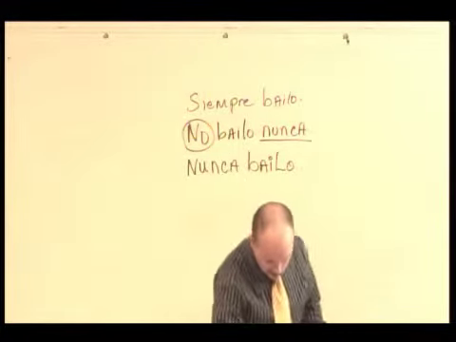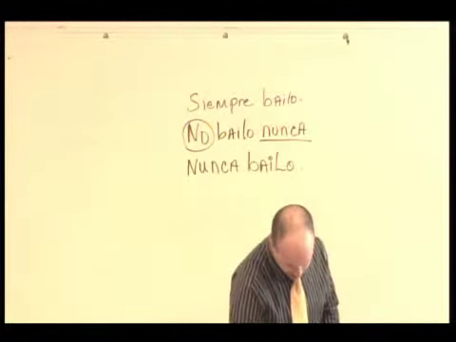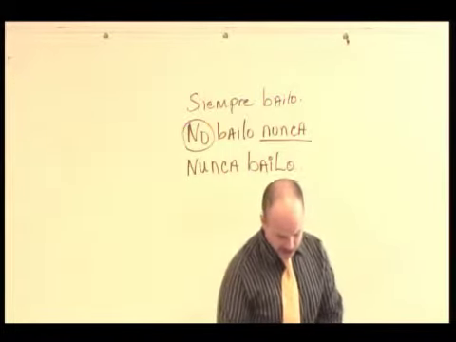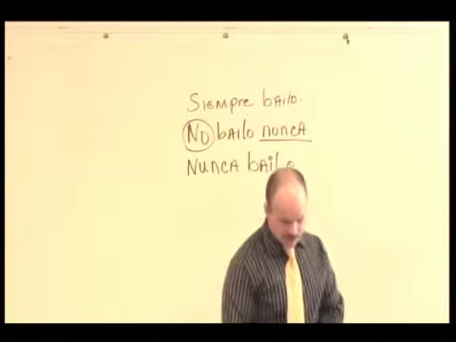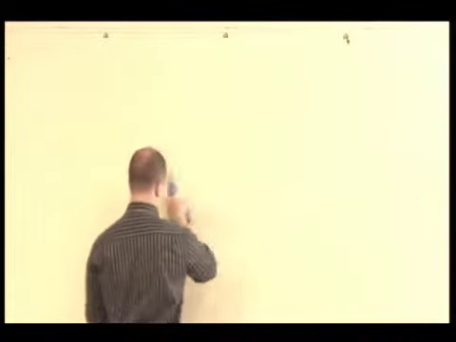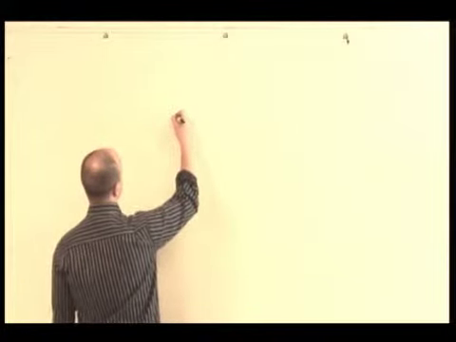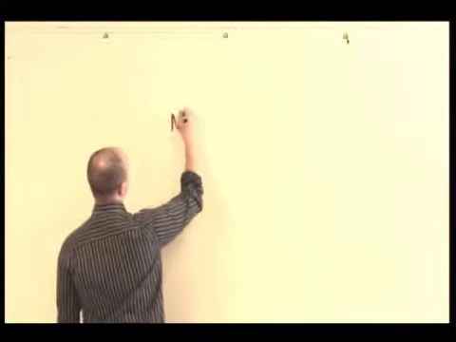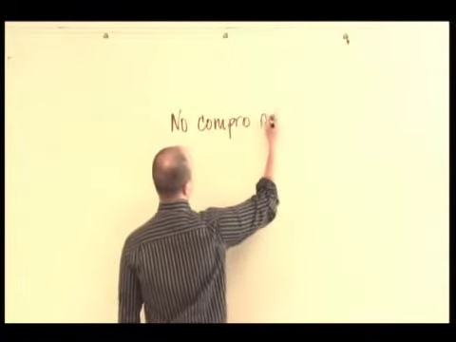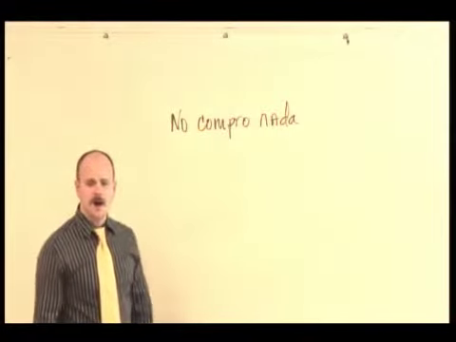Okay? Let's see. Sometimes in Spanish, we've got all sorts of negative words thrown into a sentence, so even more than a double negative. I could say, for instance, no compro nada, which means I don't buy anything.